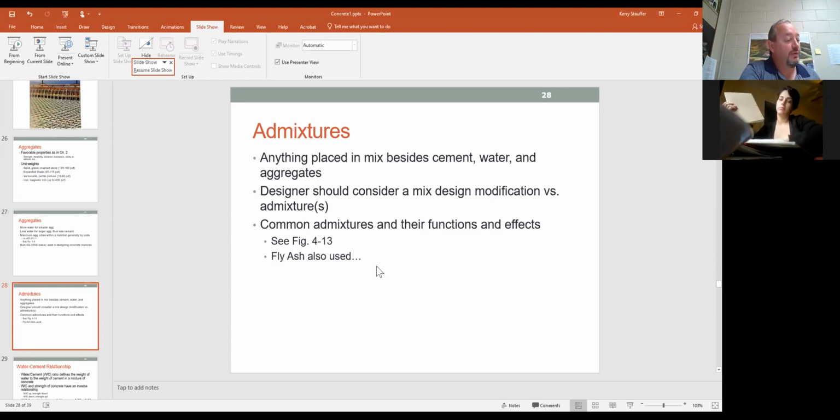So for an example, I'm going to pull my text over here. I'll just go over a couple of these that I think are the most common type of admixtures. So accelerators. And the desired effect is accelerate setting and early strength development. So as opposed to using type 3 cement, we can just place accelerators, which generally just come in a gallon jug or something like that, or they probably have them at the batch plant in 55-gallon drums, the very common ones.